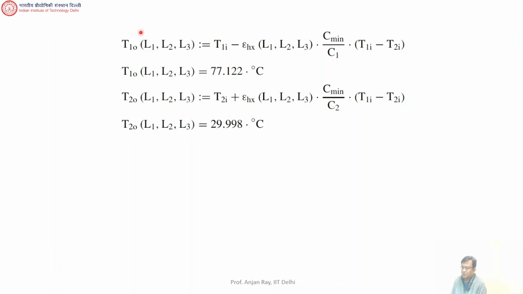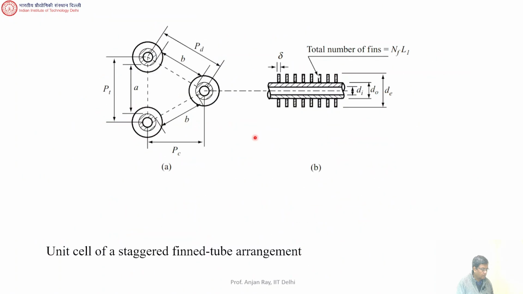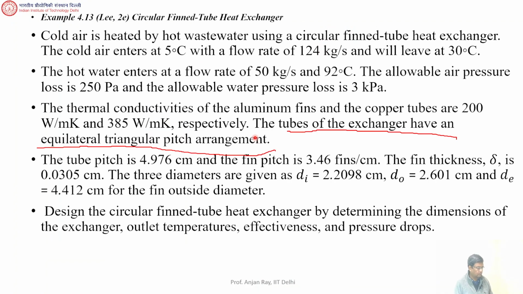Water outlet temperature turns out to be 77. And T2o is the air outlet temperature. It turns out to be 30. What was the objective? The objective was to heat the air to 30 degrees Celsius. So this is what we were trying to do. We want the air to leave at 30 degrees Celsius.